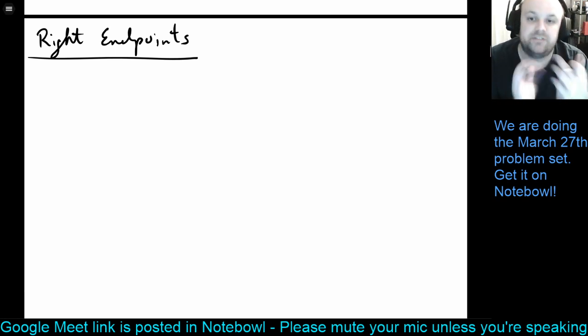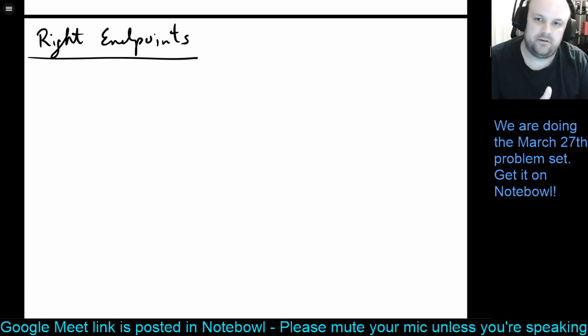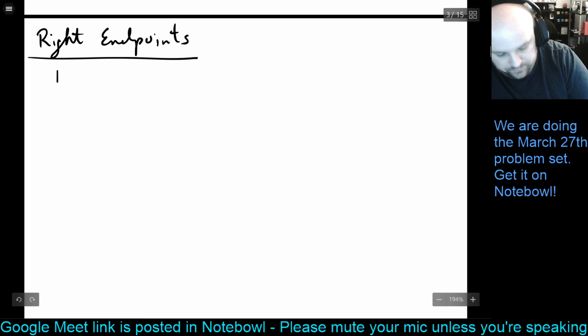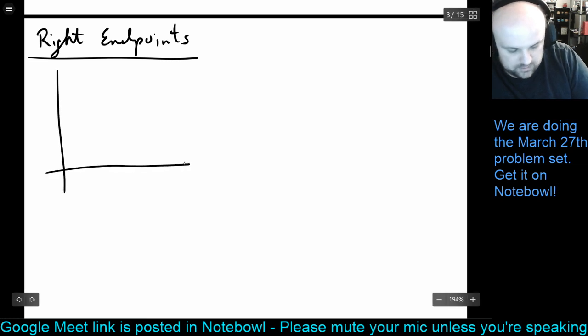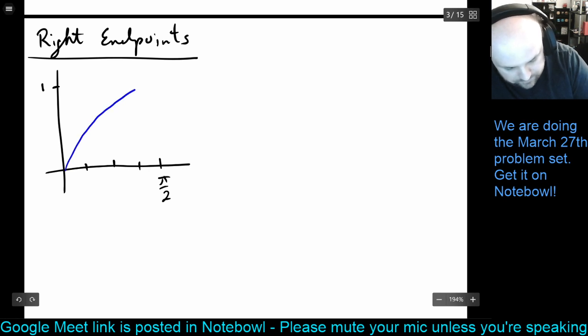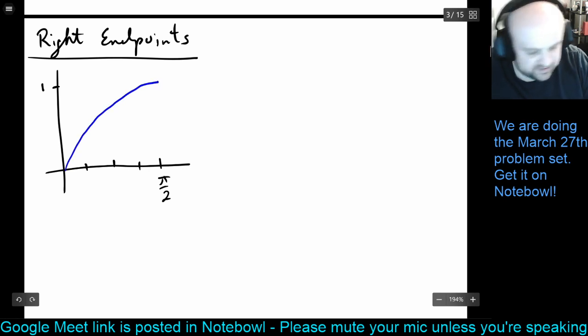Now here, since we're using 4 intervals, we're going to have the same chopping up of the x-axis. Same thing, this is pi over 2. It's going to cut into 4 pieces. 1 is going to be up here. And sine is still going to do this.